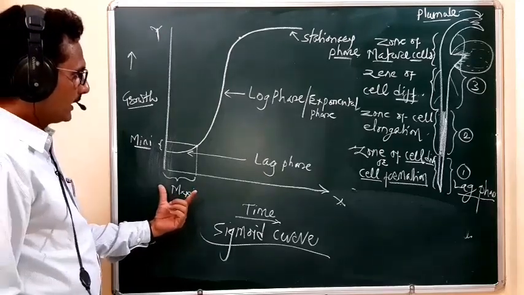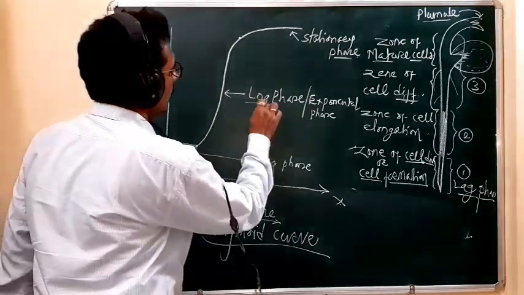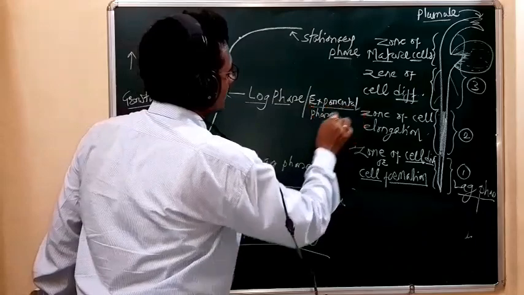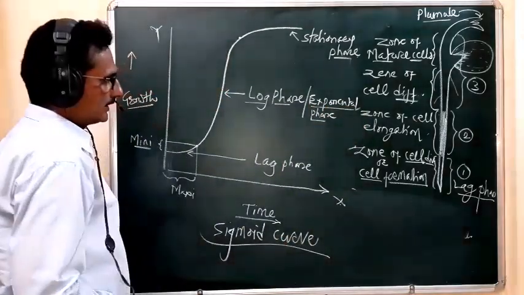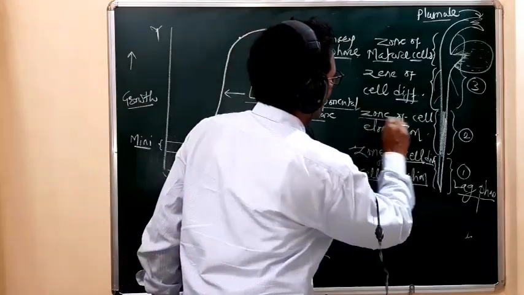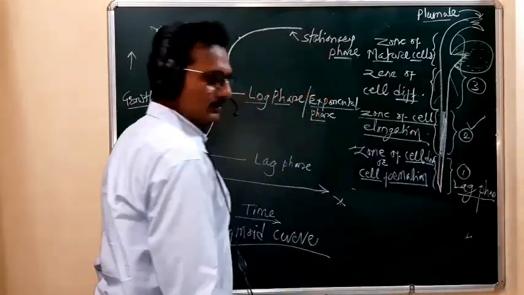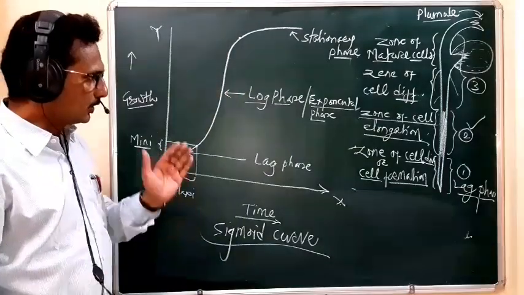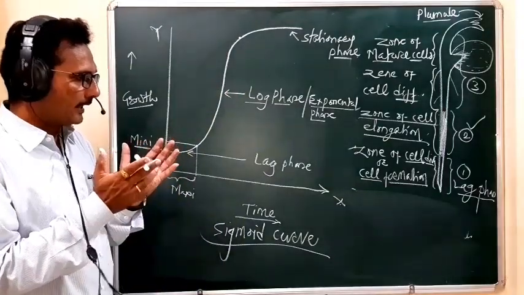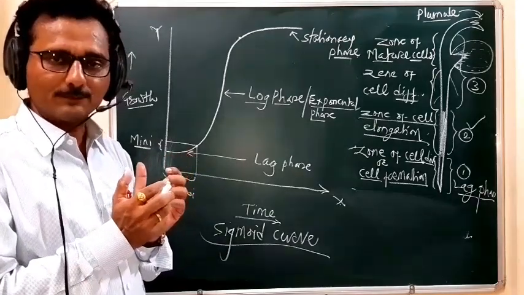But in case of the log phase, or the exponential phase, it includes the zone of cell elongation, because of the accumulation of the granular protoplasm.